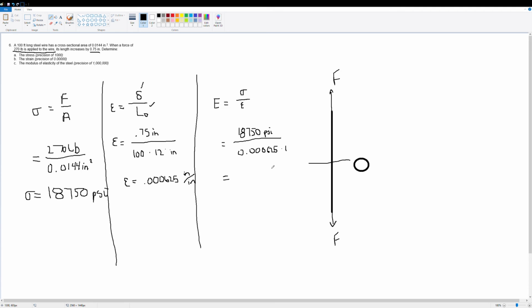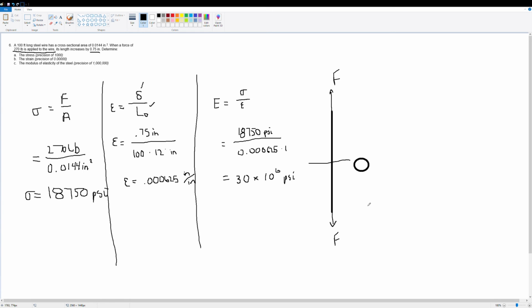You do the same, open up your calculator and punch these values in. And you should get a large number. It looks like it's 30 million, or 30 times 10 to the 6 psi, which is a very common modulus of elasticity for steel.